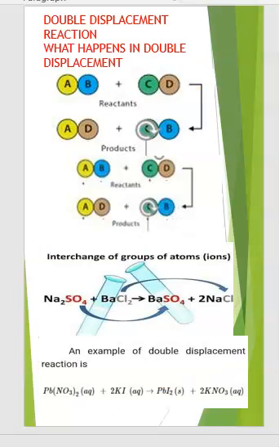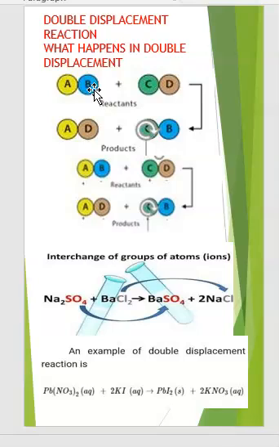Now let's look at the double displacement reaction. Now what happens over here? Here there's a symbolic reaction shown to you, that's AB.